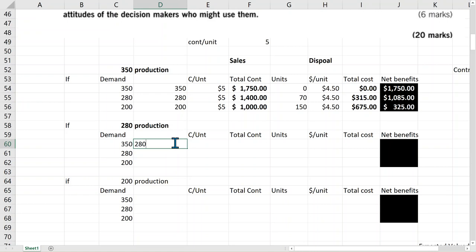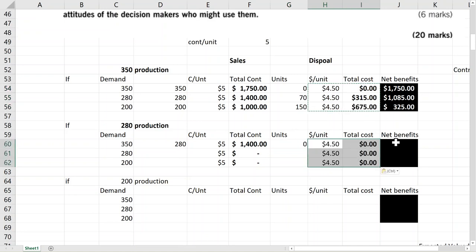We will only be able to sell 280 because we cannot sell more than what we have produced. So that becomes 1400. And there will be no disposal because all produced is sold. So 1400 net.